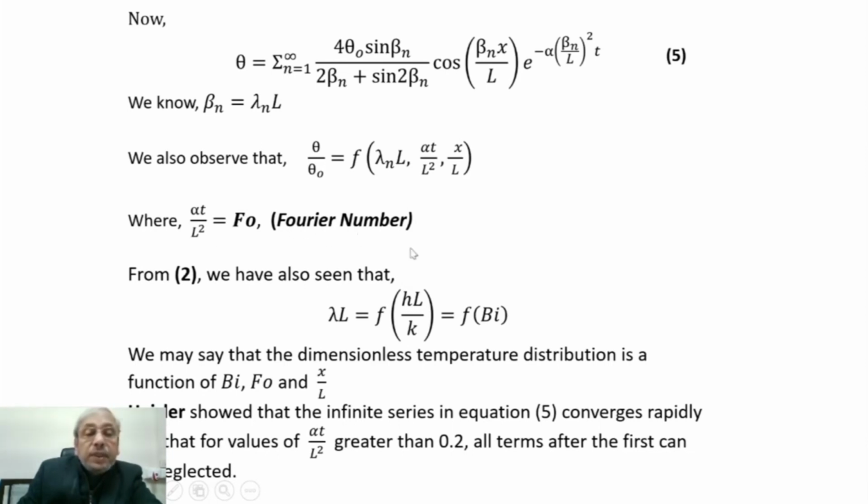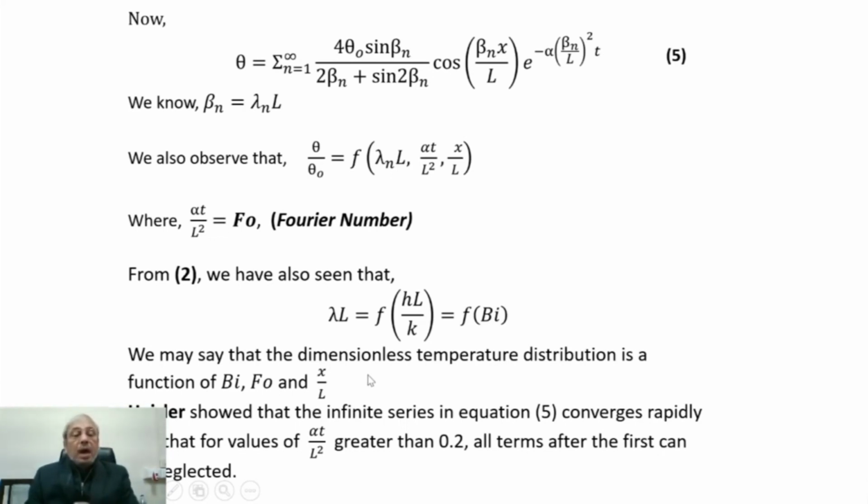So let us call it Fourier number. So from equation 2, we have already seen lambda L is basically a function of Biot number. So that means this problem of temperature distribution is basically a function of Biot number, Fourier number, and x by L.